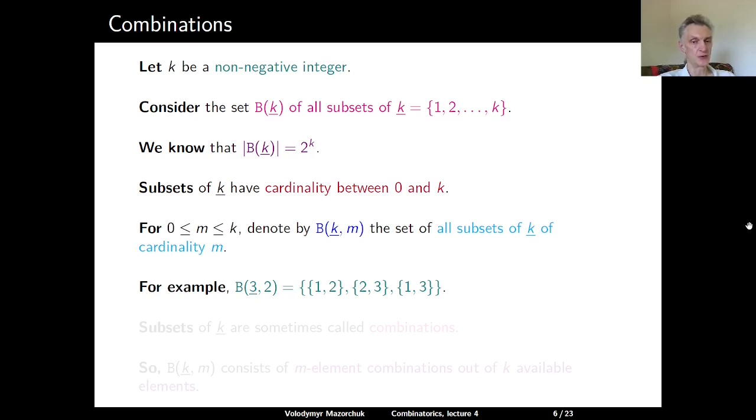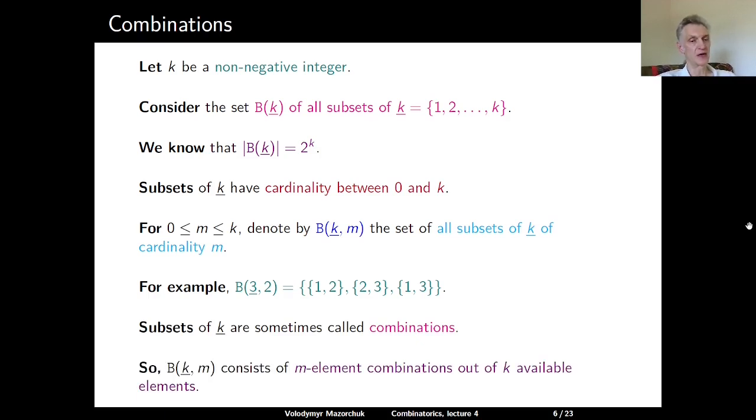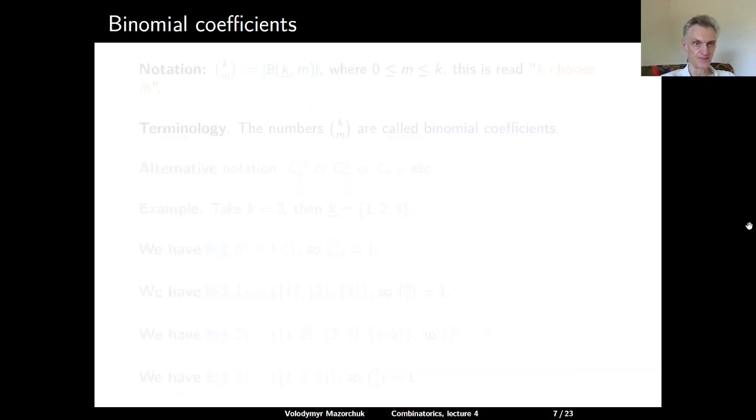So we have {1, 2}, {2, 3}, and {1, 3}. These are all 2-element subsets of the set 1 to 3. So subsets of k underlined are sometimes called combinations, and so B of k underlined m is the set of all m-element combinations out of k available elements.